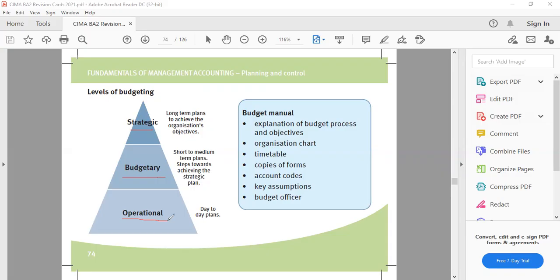Then experts are also appointed in their respective field for each type of budget. Then a coordinator to coordinate all the activities. So, after considering various inputs, budgets are prepared. That is about what we have in a budget manual.